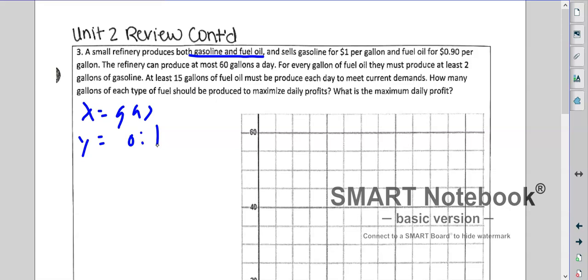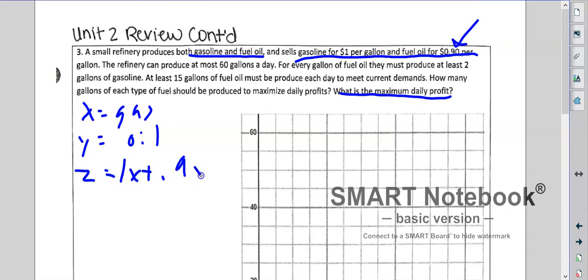It sells gas for $1 per gallon and fuel oil for 90 cents per gallon. Now remember, start backwards. What's the maximum daily profit? Well, this right here tells us what they're selling it for, or the profit at least. So my Z is going to be 1x plus 0.9y.